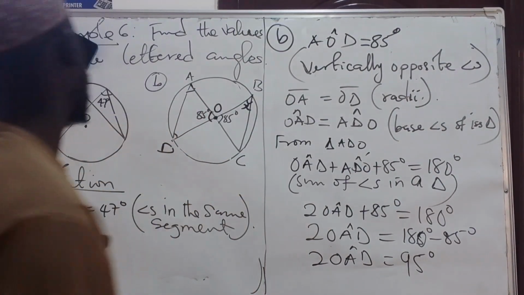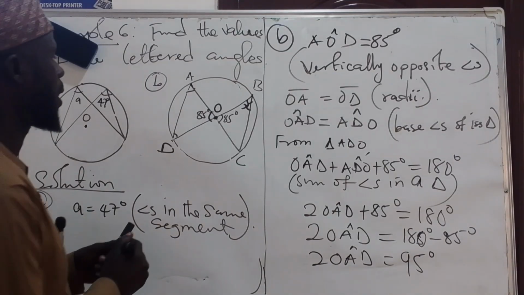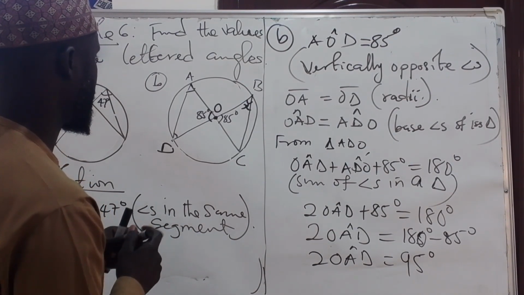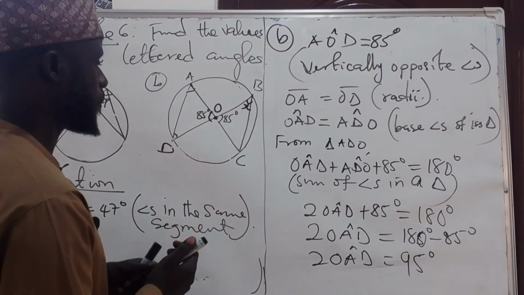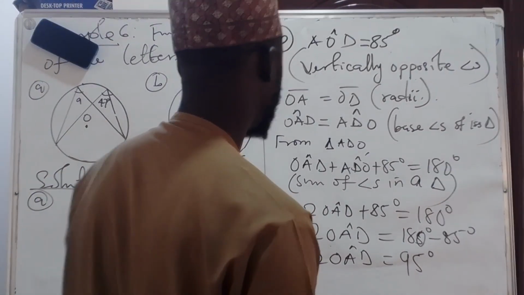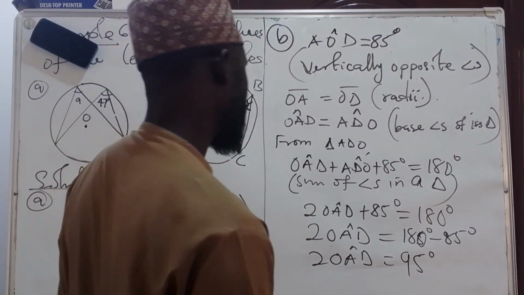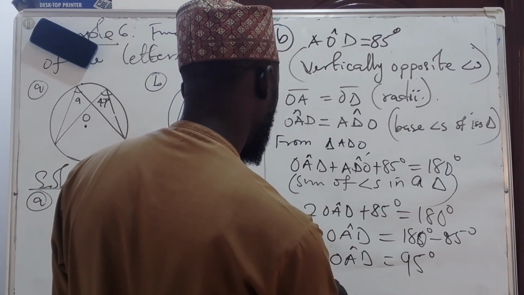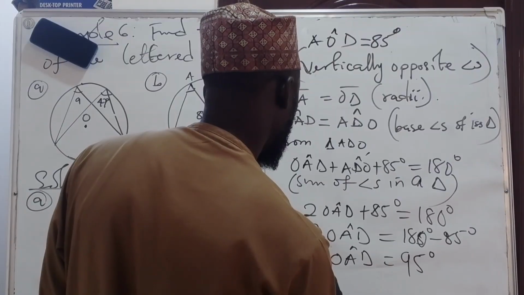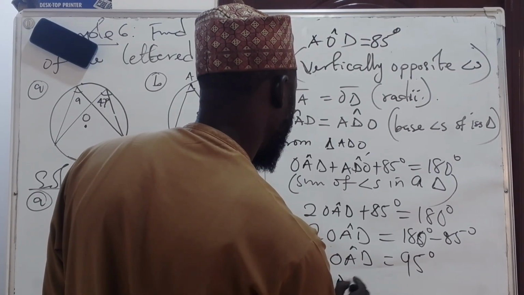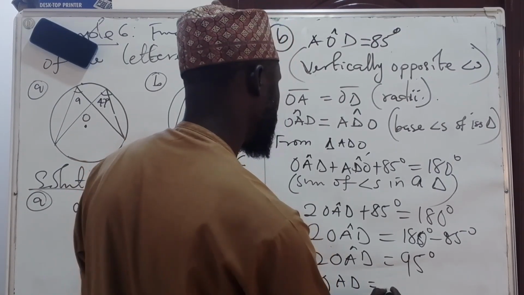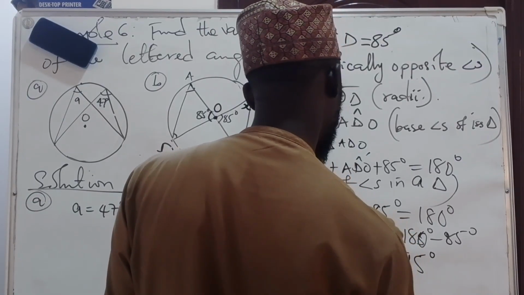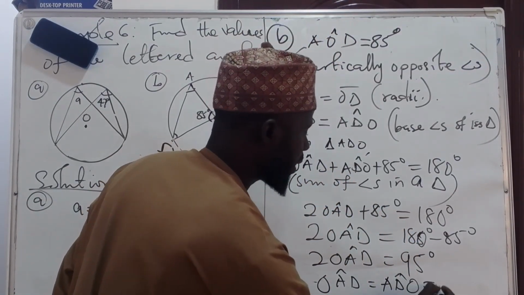So each of them, angle OAD is equal to angle ADO, and that is equal to 95 over 2.